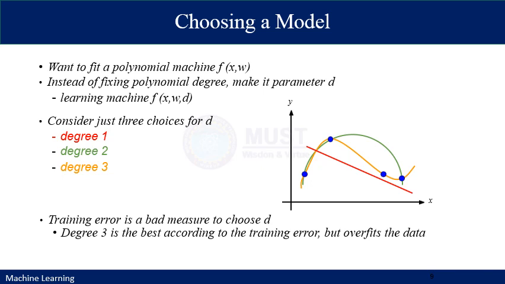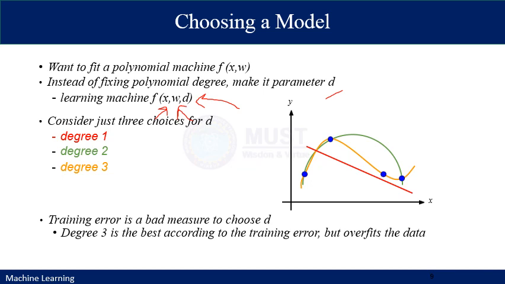Instead of just training a polynomial function, we take another parameter, the degree of the polynomial, and make it the hyperparameter of the function, represented as d. So our learning machine will be a function of the input feature vectors x, the weights w, and the polynomial degree.